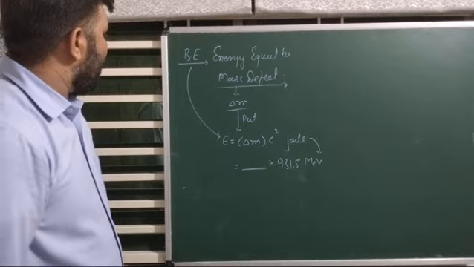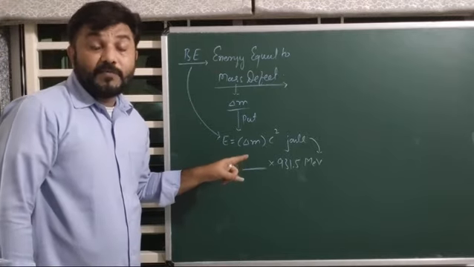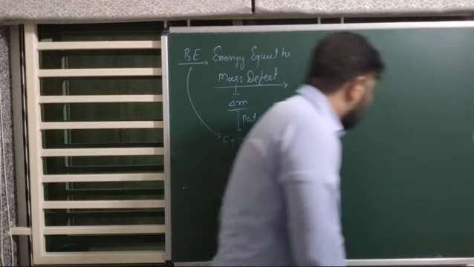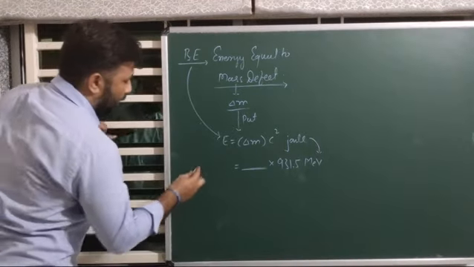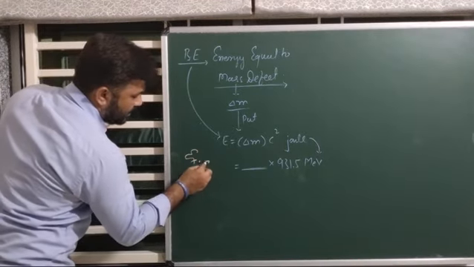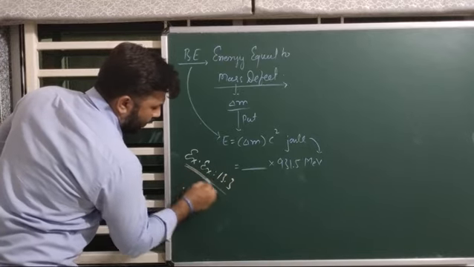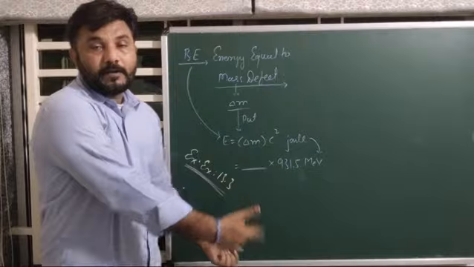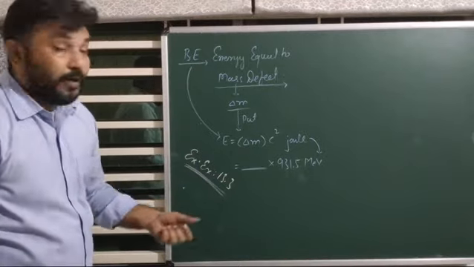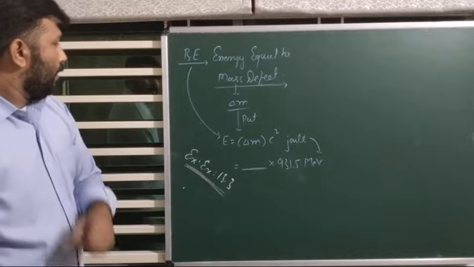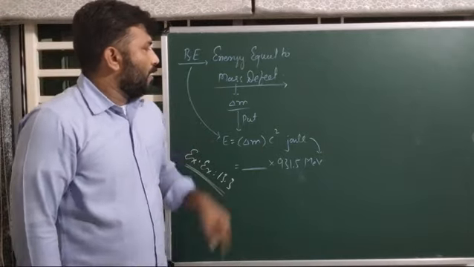This type of numerical and these equations we have used in exercise example number 13.3. You will have that example in our video. Check it out. Okay, but what is mass defect?